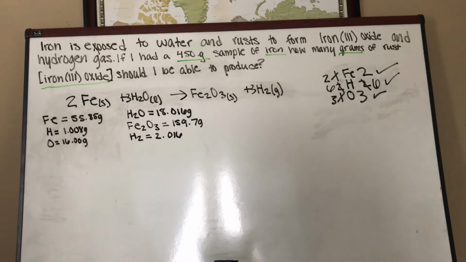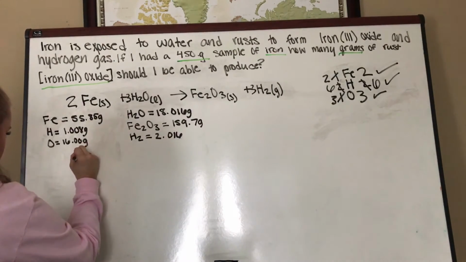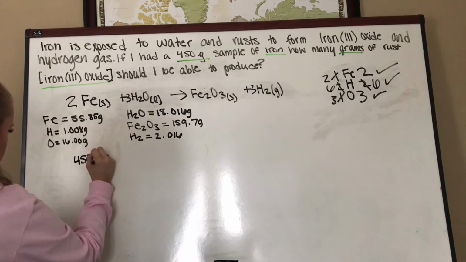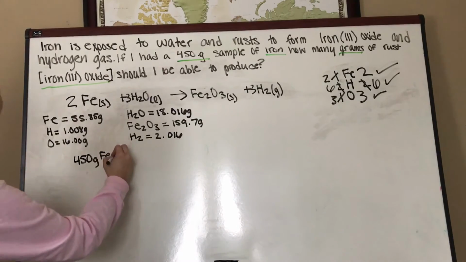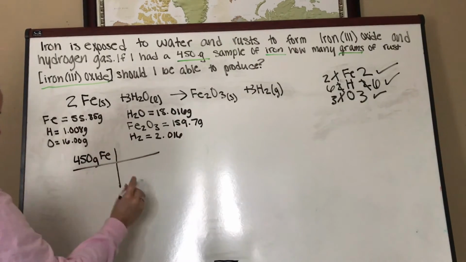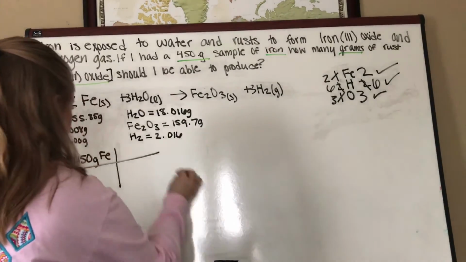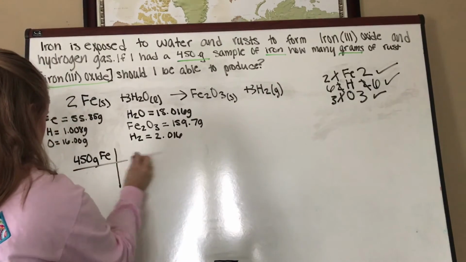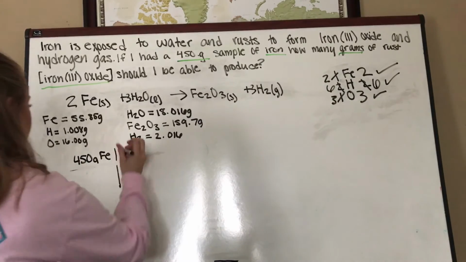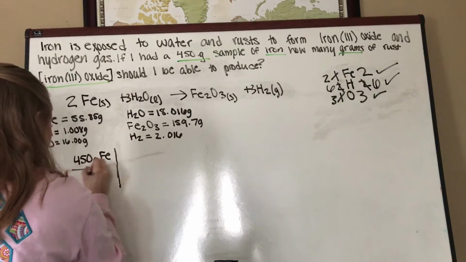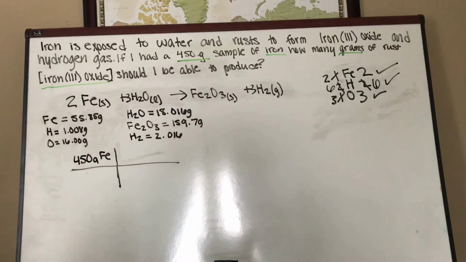So, we start with 450 grams of iron. We want to switch that to moles so that we can switch from one substance to another, because you can only switch from one substance to another if you are in moles. To do so, we are going to use our molar masses, which we got from the periodic table.